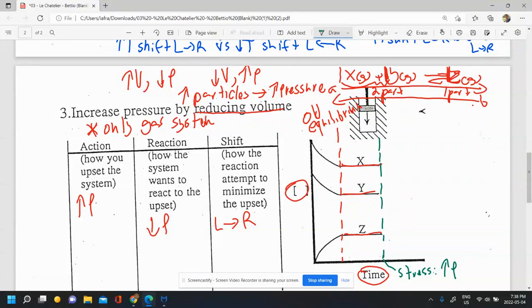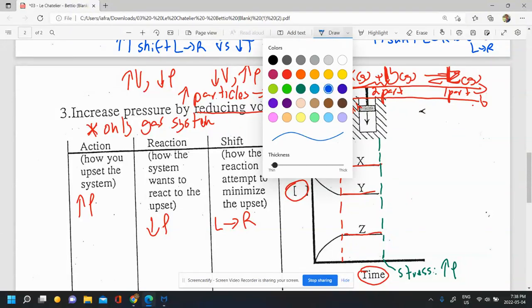Here's the interesting thing. When you increase the pressure, you're initially going to see a jump in concentration for all the gases in the system. That's because the entire system is being affected by that pressure change. If you've increased the pressure, you have a smaller volume of space, so you have a higher concentration of your gases.